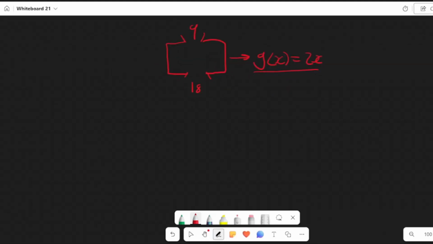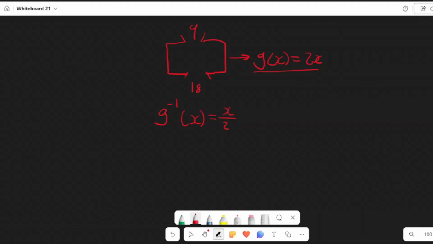So in this case, we have our function equal to 2x. The inverse function, which we denote as g to the negative 1 of x, is the inverse of g of x. It's going to be equal to x over 2.